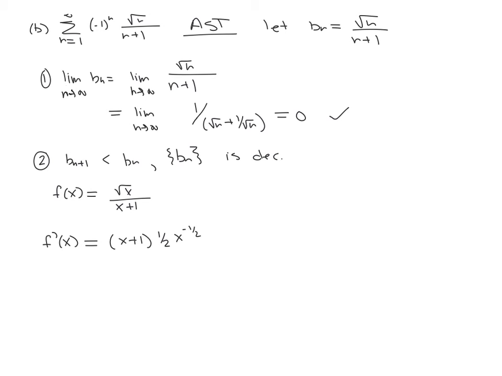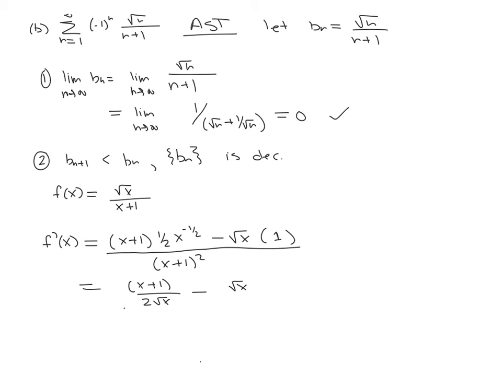So low d high minus high d low. The derivative of the lower function is 1, all over x plus 1 squared. So that's x plus 1 over 2 root x minus root x all over x plus 1 squared.